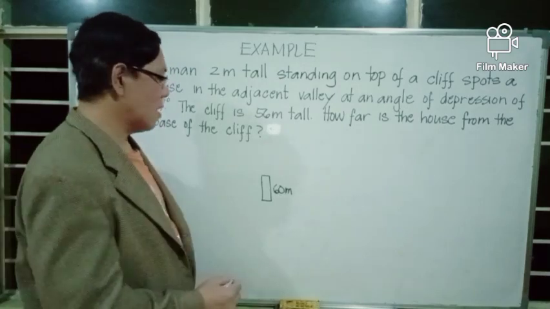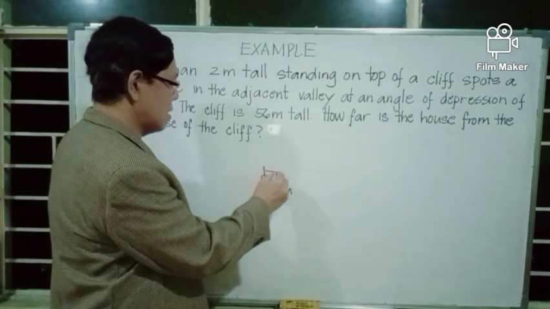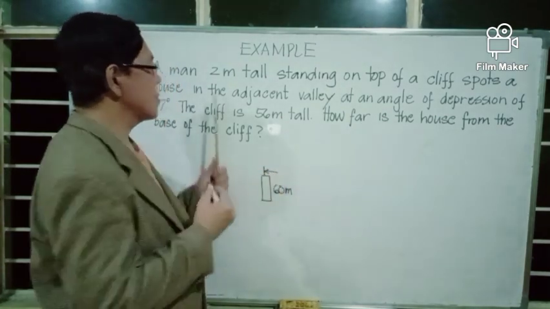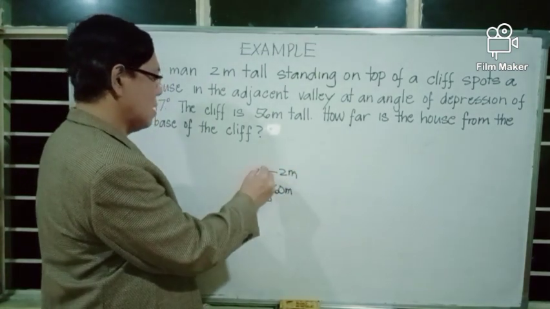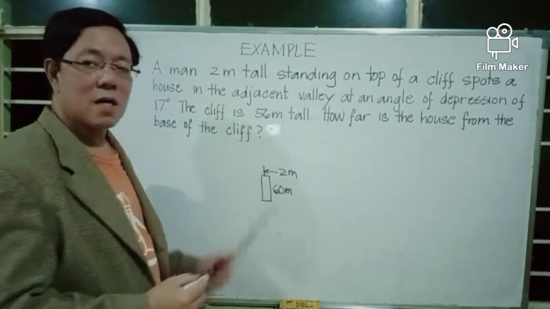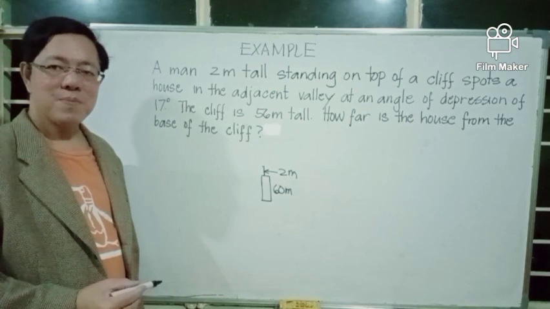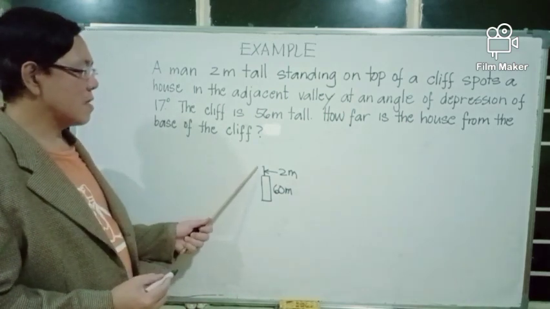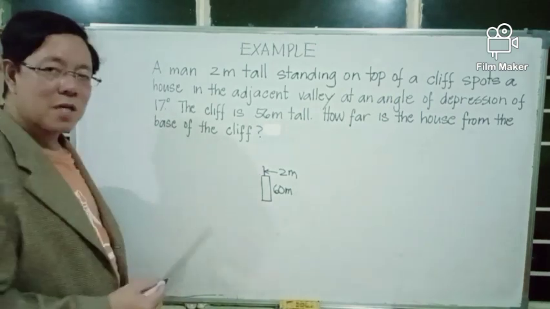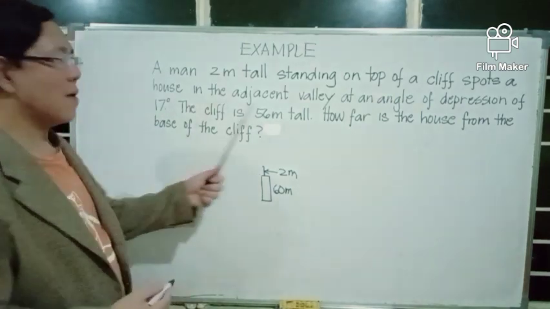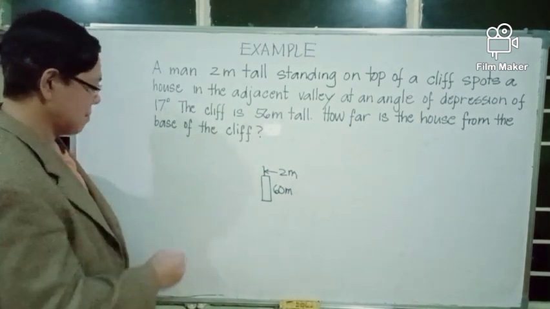A man is standing on the top of the cliff, and the man is 2 meters tall. And we take this point as the eye of the man. And from this position, he spots a house in the adjacent valley at an angle of depression of 17 degrees.